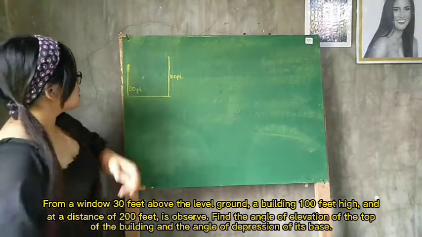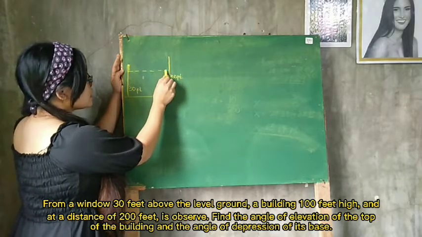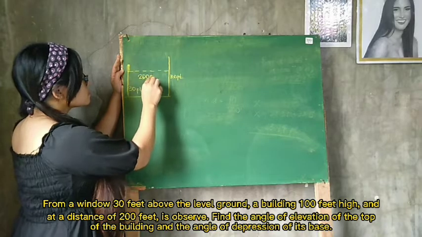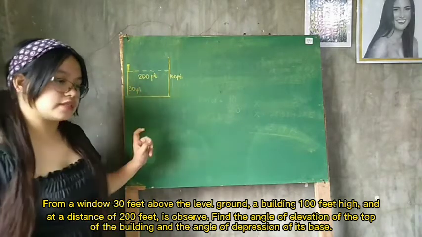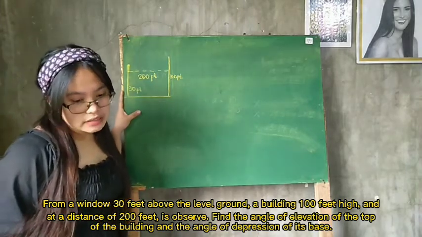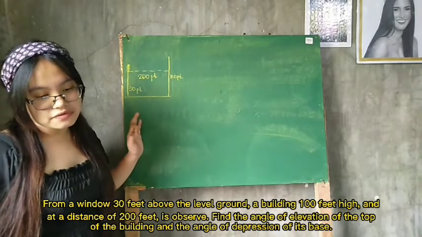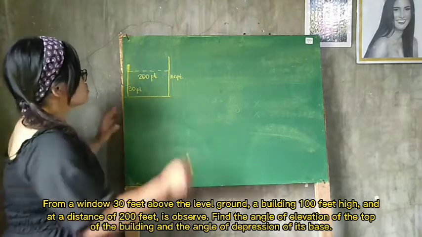Then the distance between the window and the building is 200 feet. So this is 200 feet. Then the problem is to find the angle of elevation of the top of the building and the angle of depression of its base.